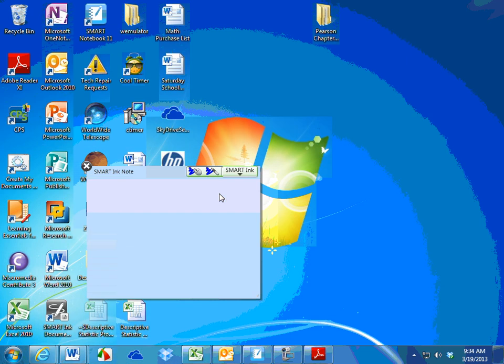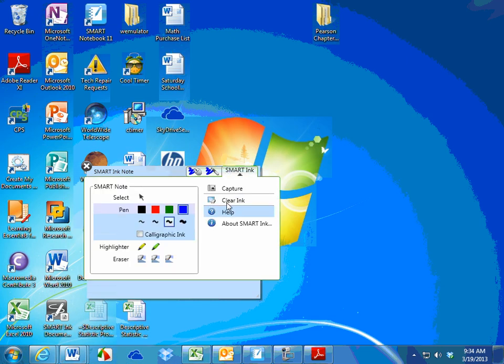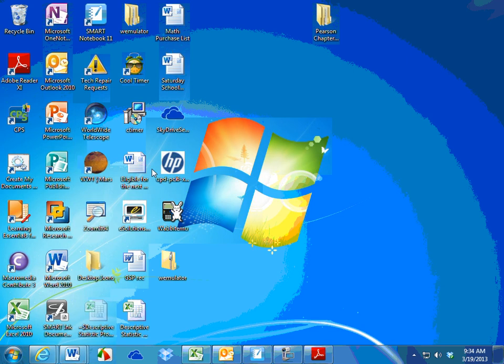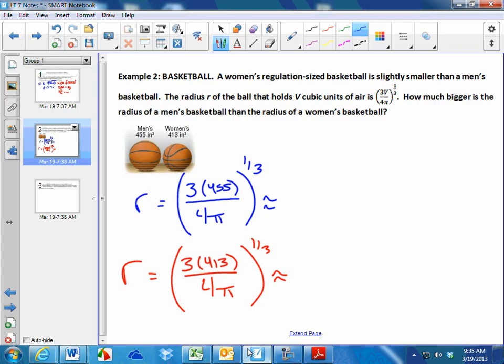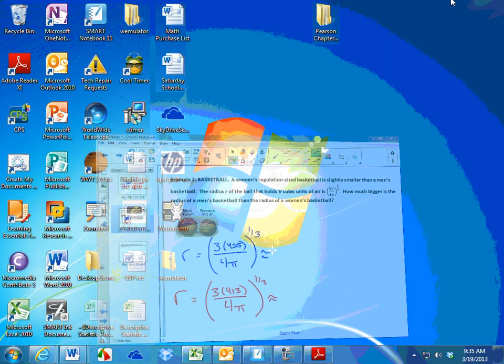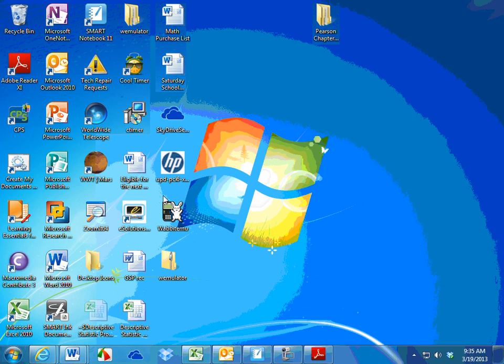I know this is where I need a little more experience with this software. Don't know why it will not let me pull that up.